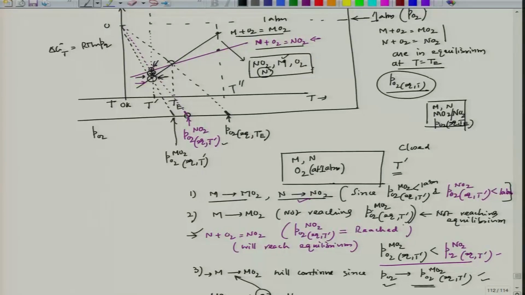At this temperature I would have all those phases M, N, MO2, NO2 as well as oxygen, provided we have sufficient amount of M and N.